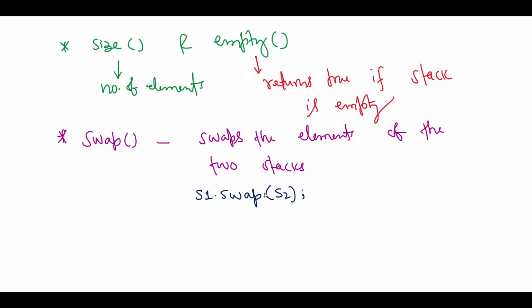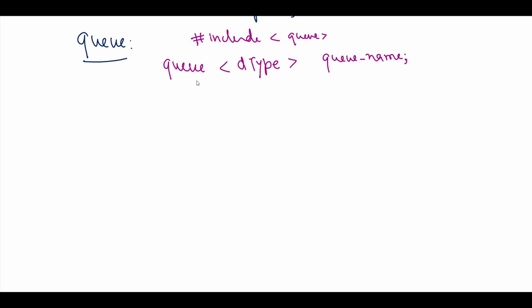Similarly, you can create queue and priority queue using the following syntax and manipulate them using their inbuilt functions. You can declare the queue using the following syntax. It is similar to declaring a stack, and you include the queue header file. The queue container is used to replicate a queue in C++, and its insertion always takes place at the back of the queue, and deletion is always performed at the front of the queue.